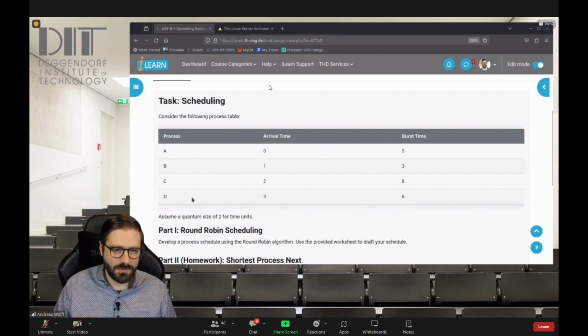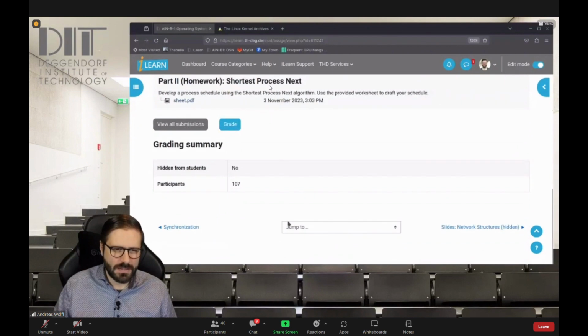So we have processes A, B, C, we have arrival times 0, 1, 2, 3, and we have these burst times. And the task is to develop a process schedule using round robin and use the provided sheet to draft your schedule.